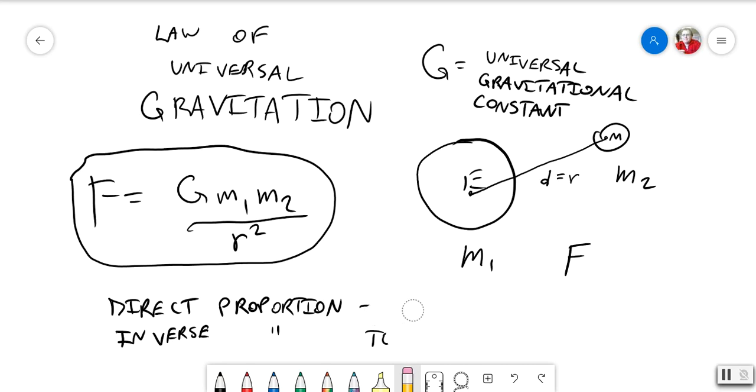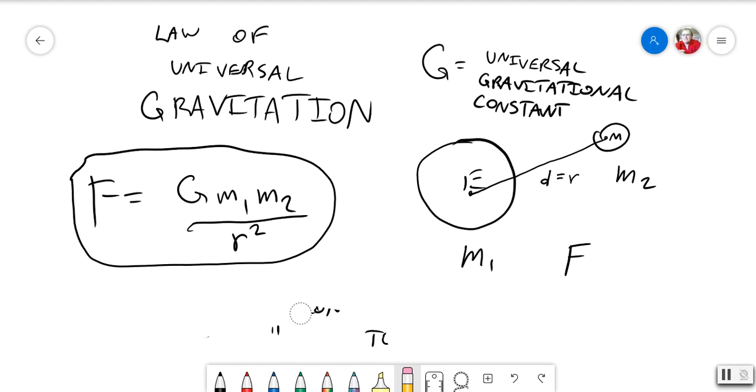I want to do some erasing here, but I want to leave this up because Coulomb's law, which is what we're going to talk about next, is strikingly similar.